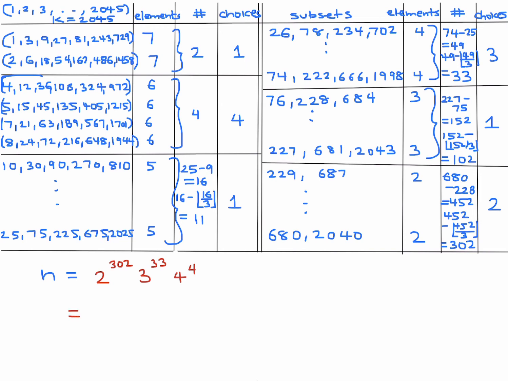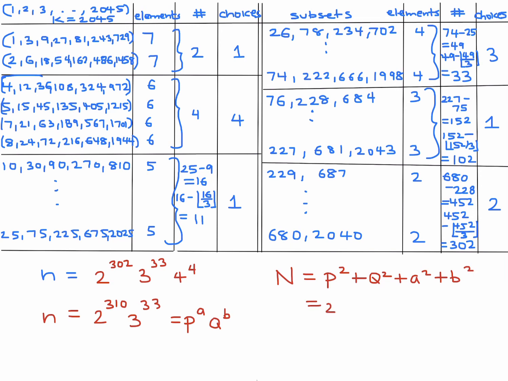And we can simplify this a little bit. Since this is 2 to the power of 2, this basically becomes 2 to the power of 310, 3 to the power of 33. And that is of the form p to the power of a, q to the power of b. And now our final step is to figure out big N, which was p squared plus q squared plus a squared plus b squared.